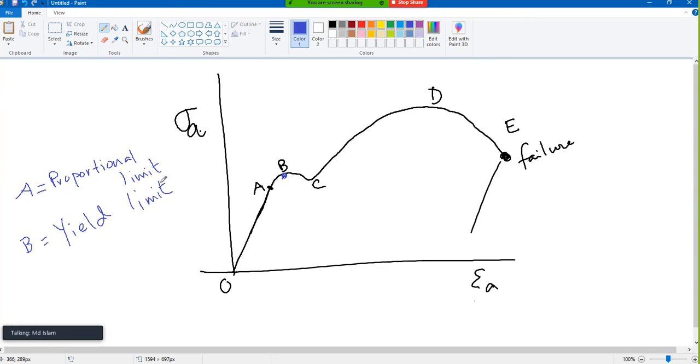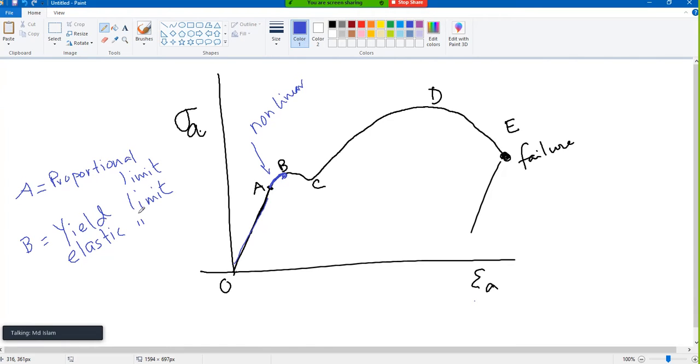Now see, at the beginning it is linear and then it becomes non-linear. So this portion is non-linear. And then it reaches the point B. B is called yield limit, also called elastic limit.